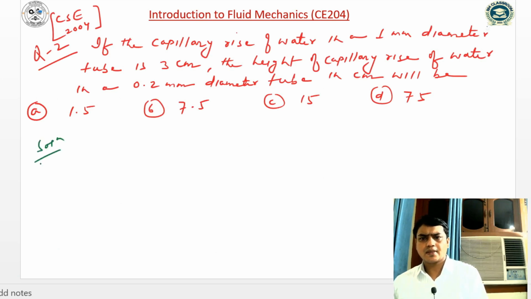Second question: if the capillary rise of water in a 1 mm diameter tube is 3 centimeter, what is the height of capillary rise of water in a 0.2 mm diameter tube?